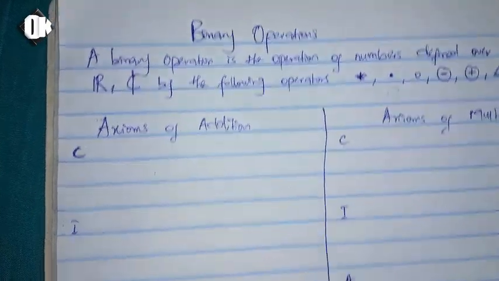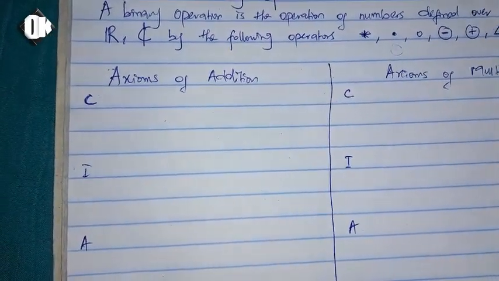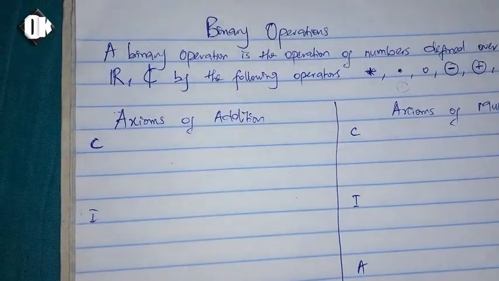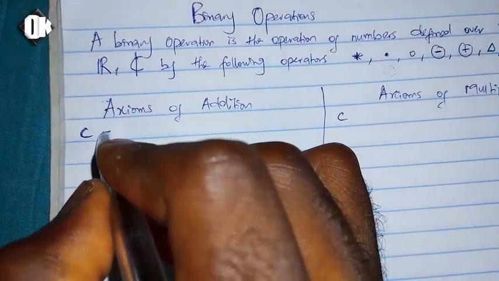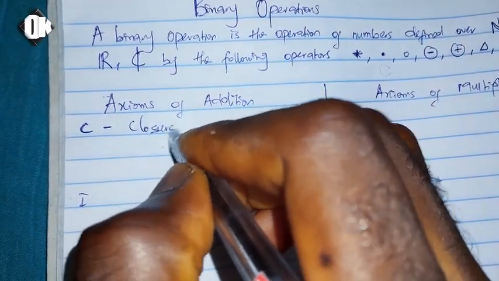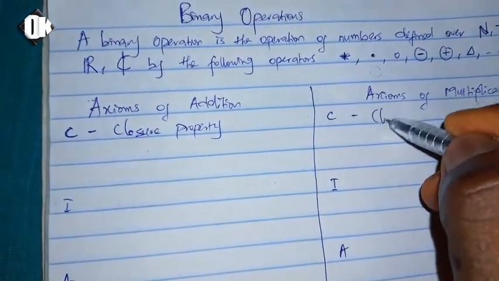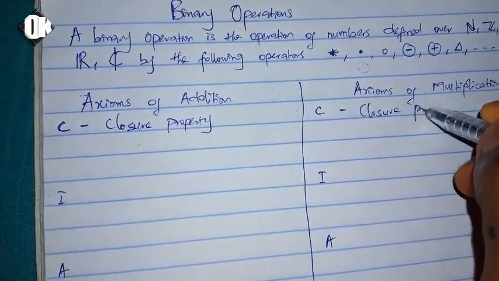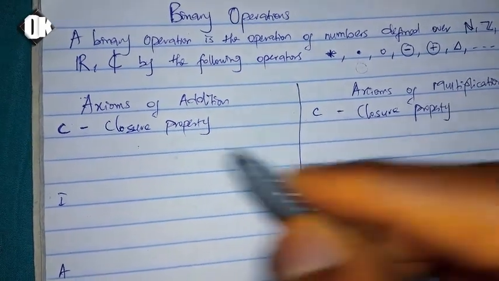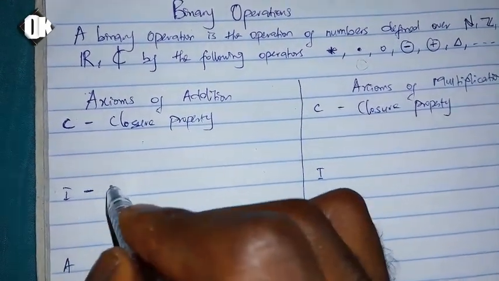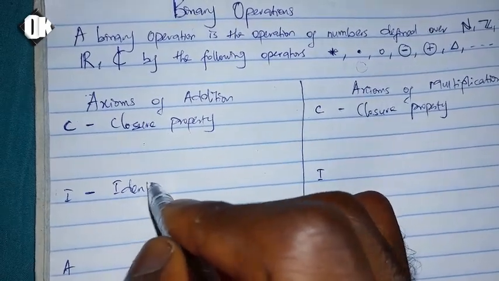These are the abbreviations for the axioms of addition. It makes me easily remember them while solving questions. So C here represents closure, the closure property. The same thing here, the closure property. Then I represents the identity.